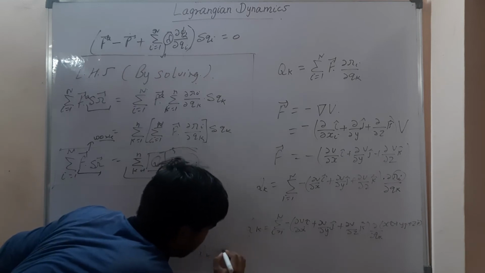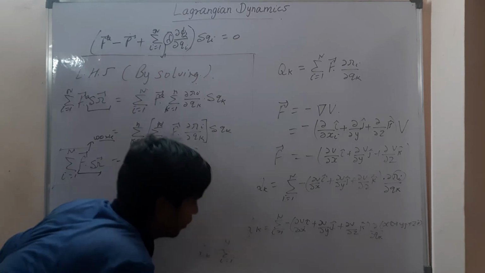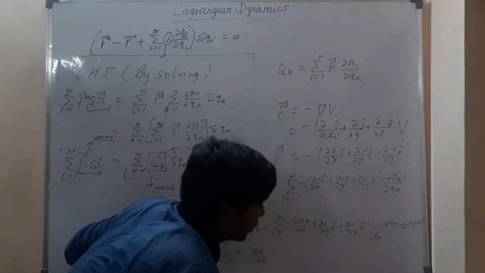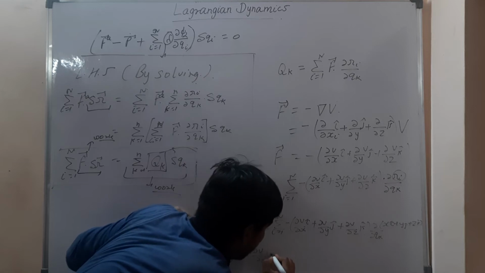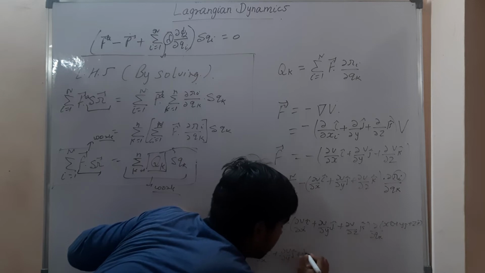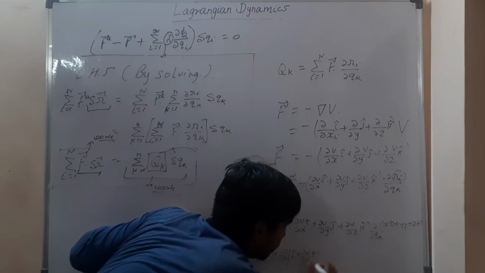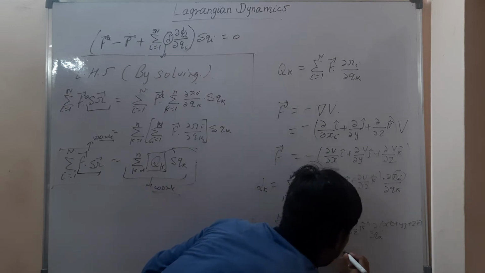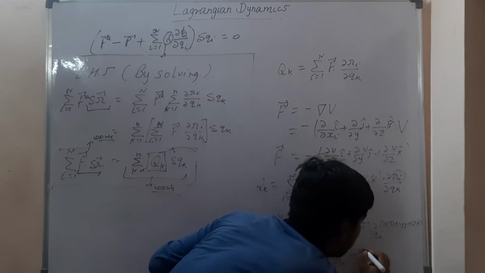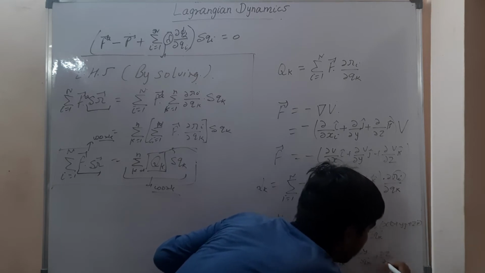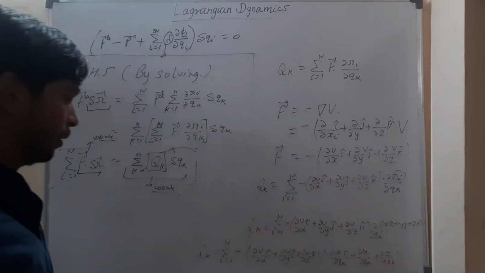By solving this equation we will get minus del x by del q_k plus del y by del q_k plus del z by del q_k.